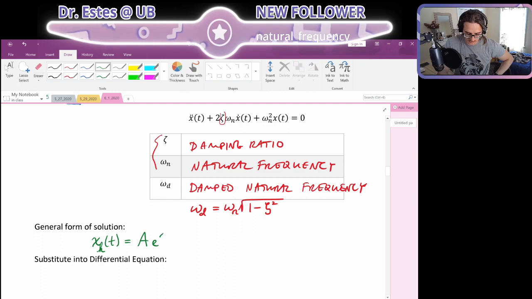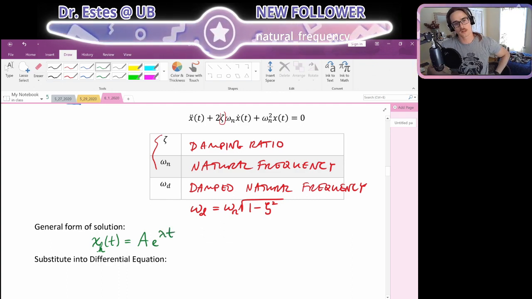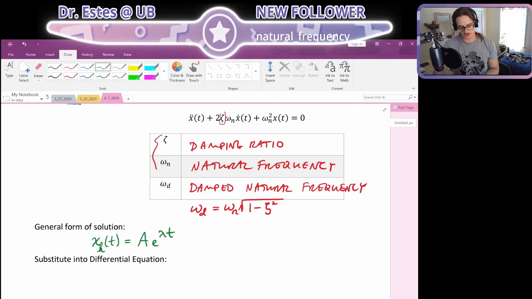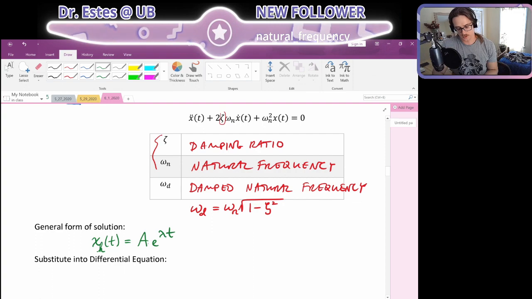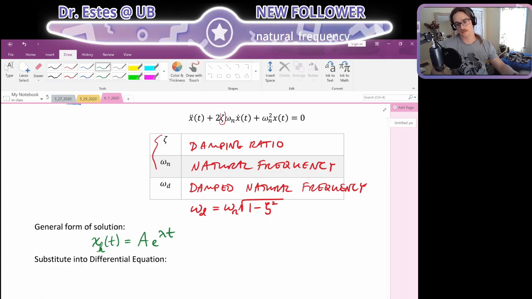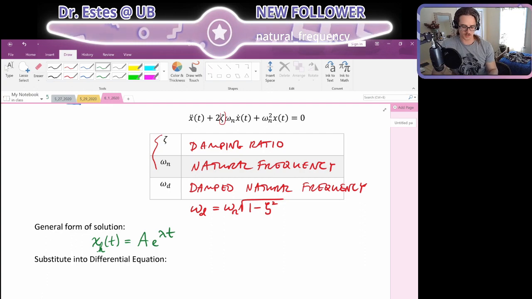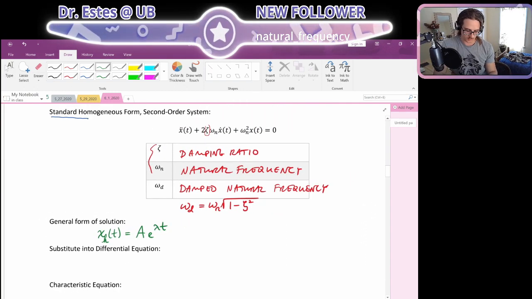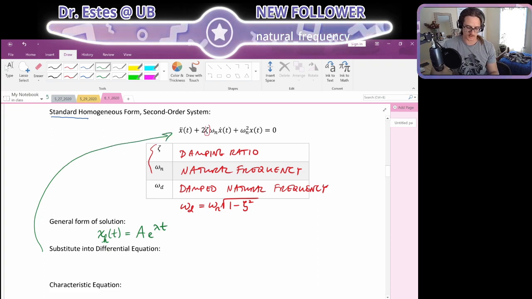But it always looks like this. Even the complex conjugate solutions, we showed that you can derive it from this exponential. Like a sine and a cosine is an exponential to a complex number. So this is just the most general form. So we substitute this into this differential equation up above.